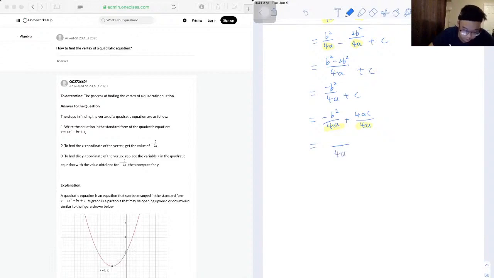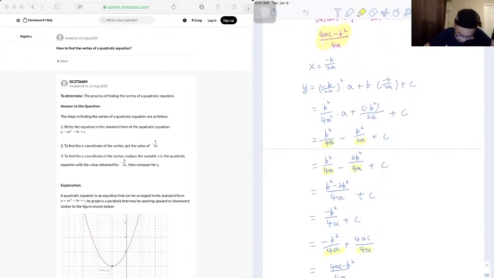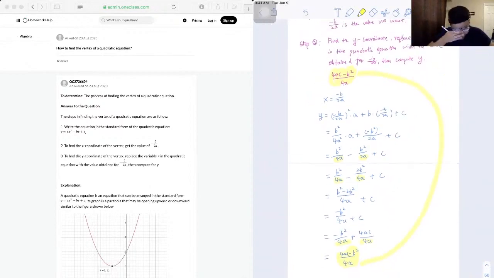The denominator will still be 4a, and for the top it's going to be 4ac minus b squared, and that's exactly what we want.